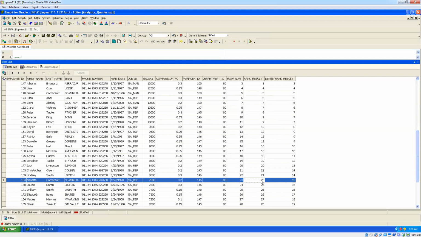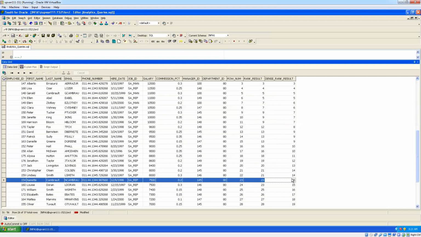When I say that the rank of this particular person is 23, this result is partitioned based on department ID and ordered based on salary in descending order. What information do we get from this? That 22 people are earning more than this person.